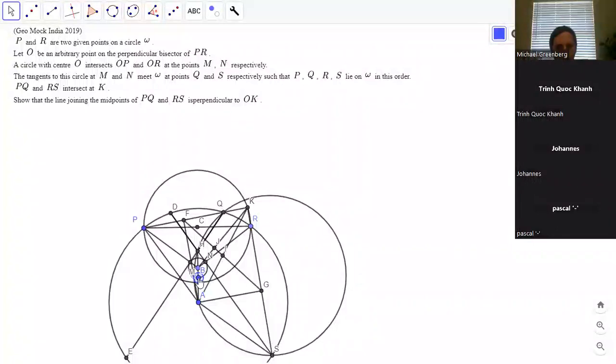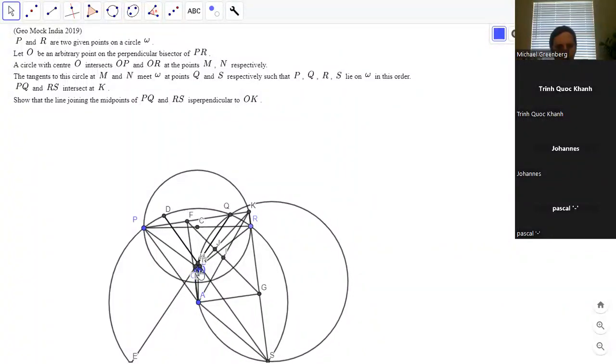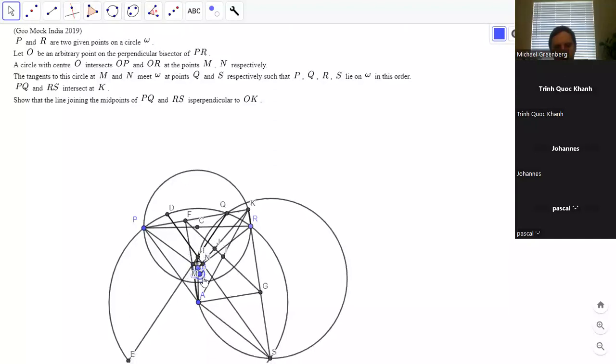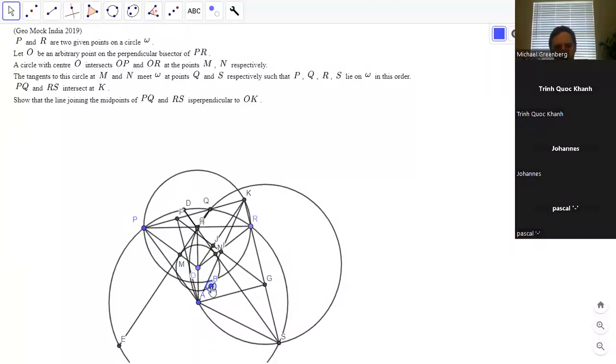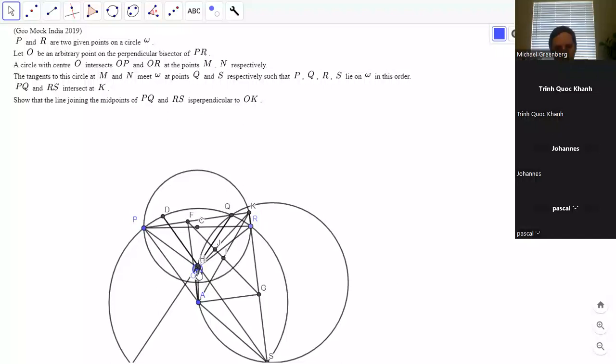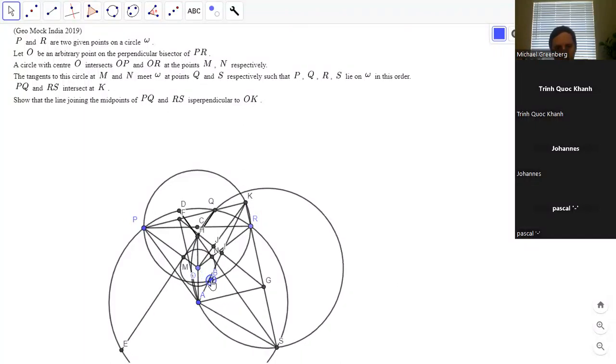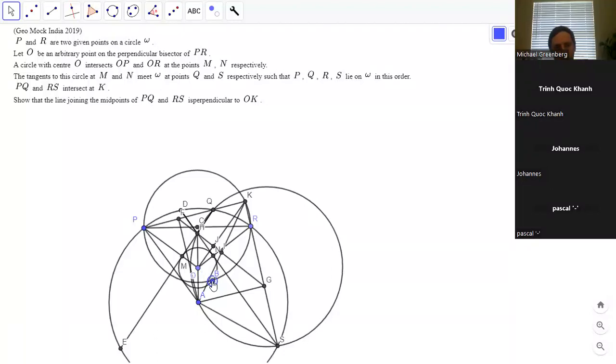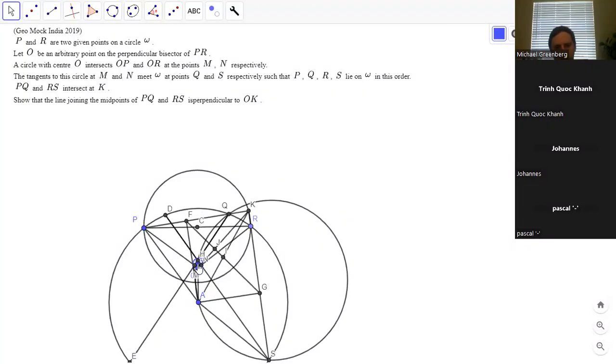Well, they would just be the perpendiculars to OP and OR. So you draw the perpendicular to OP at O, and then it would meet the circle at a point Q, and then you'd let RS.